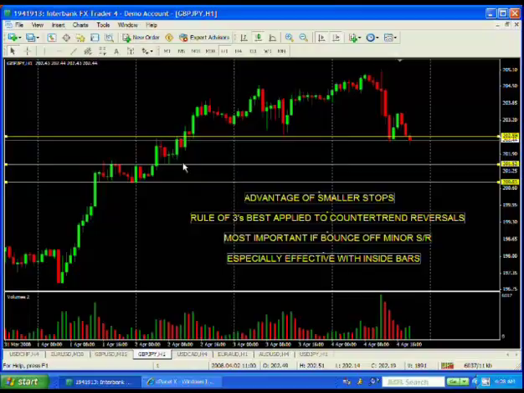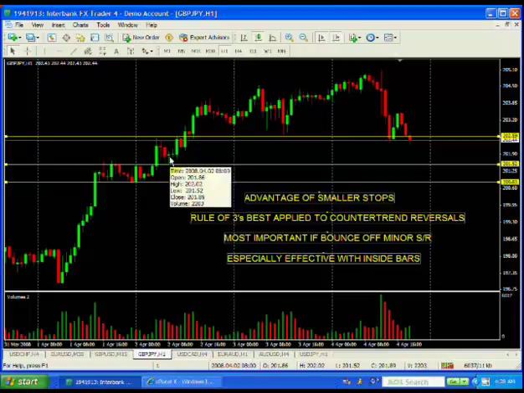But now let's talk about our risk here as far as our stops. If I enter on this bar on the pullback to the close, I'm going to place my stop below support here. Now that's going to be about 15 pips from our entry. It's going to be actually about 10 pips from our entry.